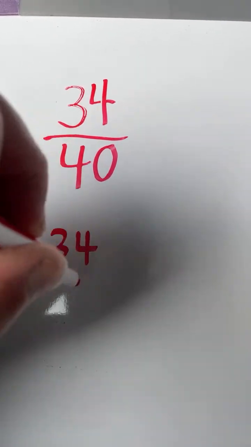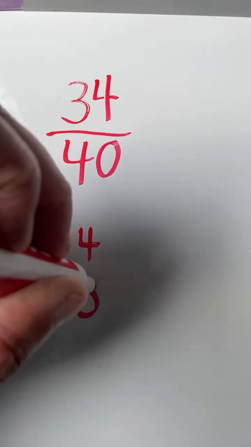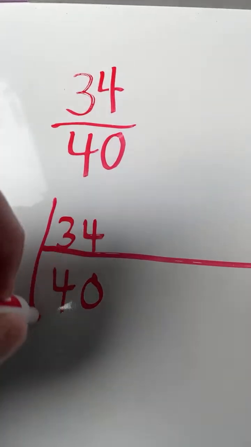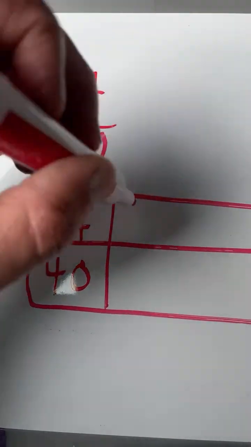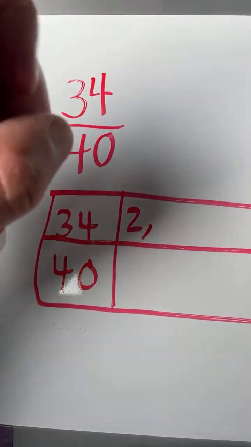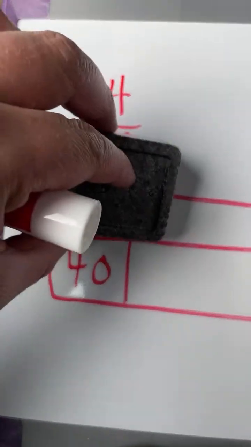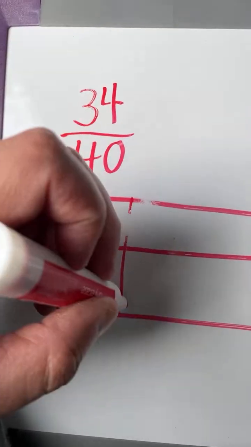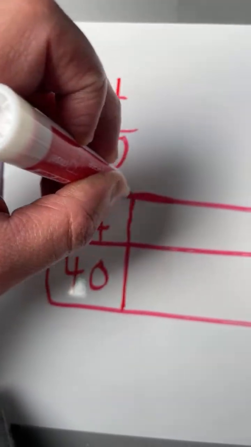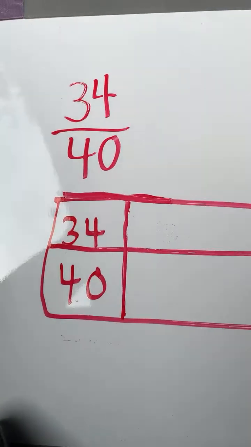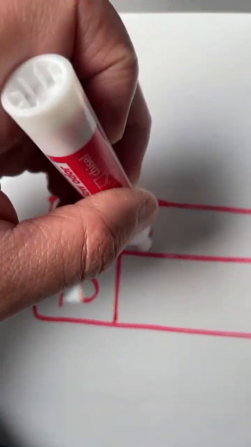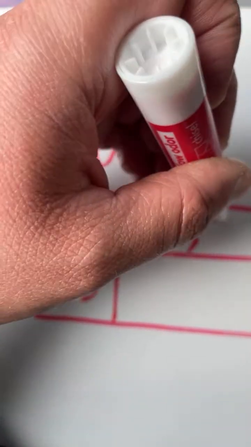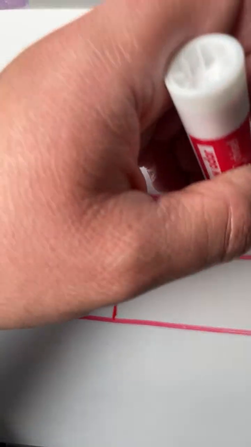So I got to find the greatest common factor between 34 and 40. So factors of 34, first and foremost, we have 1 and 34. 1 is a factor of every number other than 0 if you don't count 0 as a number. But we have 1, we have 34, we have 2, we have 17.